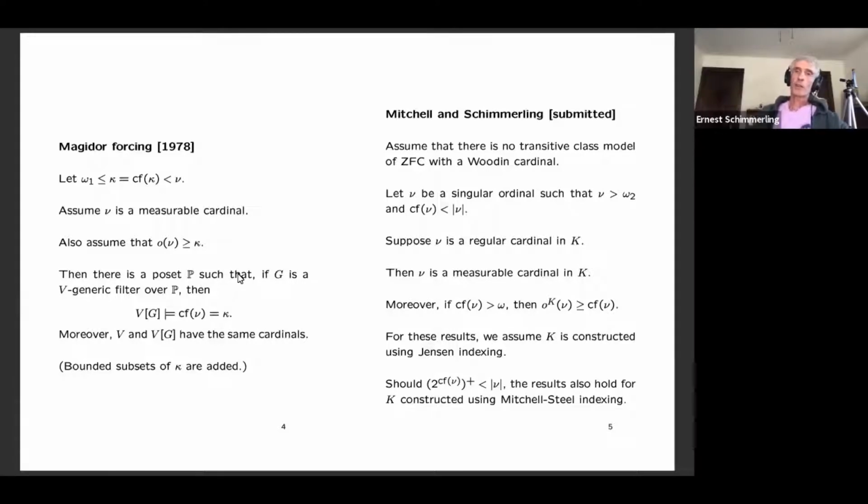So the theorem that I want to talk about is the following. Assume there's no transitive class model of ZFC with a Woodin cardinal. Okay, one thing you need to know already at this point is that K exists.